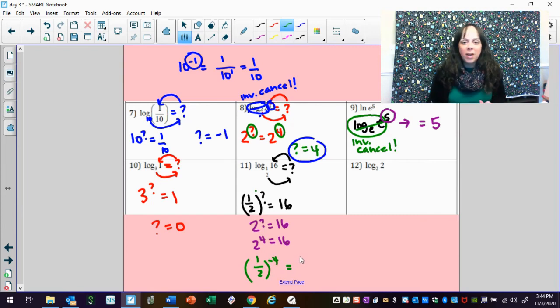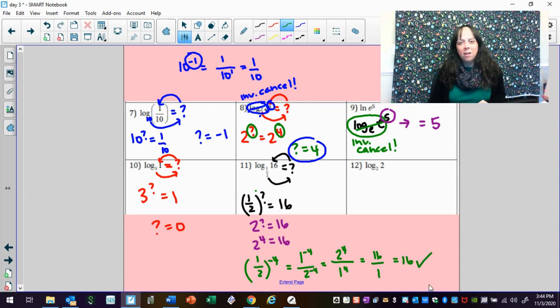If I was in my Algebra 1 days, I would write that as 1 to the negative 4th and 2 to the negative 4th. They each get the exponent. And then they both flip because they have negative exponents. Exponent becomes positive, flip, exponent becomes positive. 2 to the 4th is 16. 1 to the 4th is just 1.